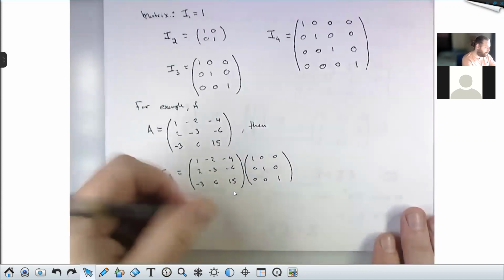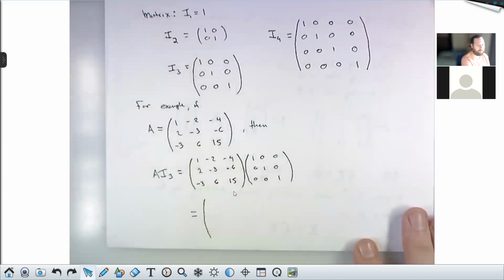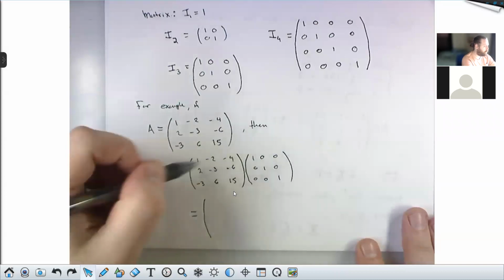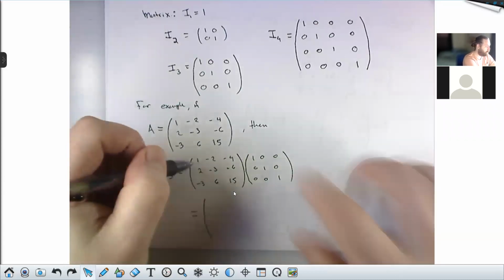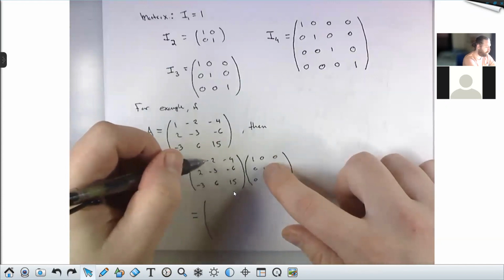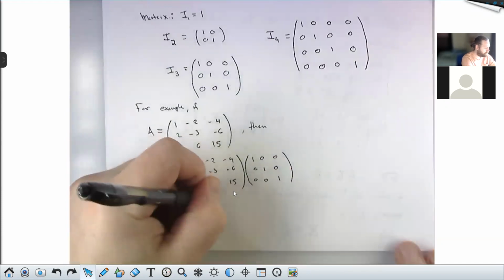So we know when we multiply these two 3 by 3s, the result will be another 3 by 3. If I want to find the entry that goes in this first position, I take the first row of the matrix A and the first column of this matrix. So it would be 1 times 1 plus negative 2 times 0 plus 0 times 4.